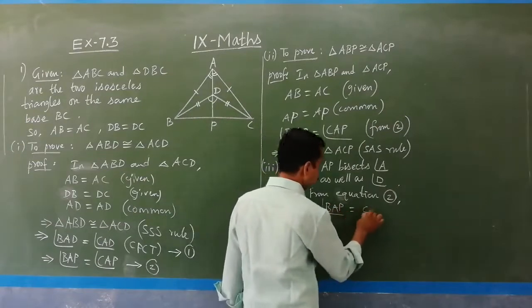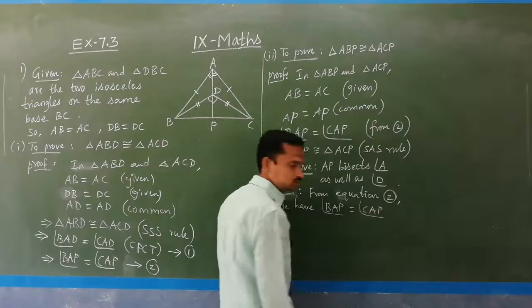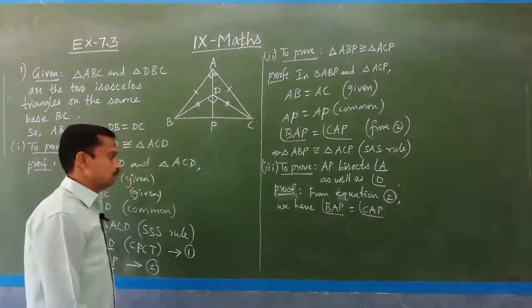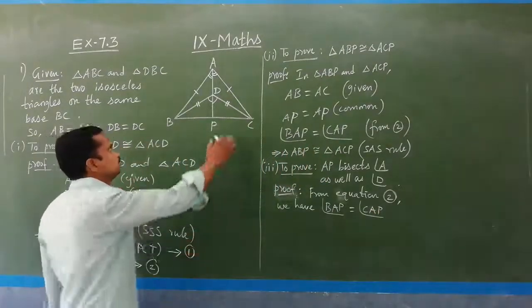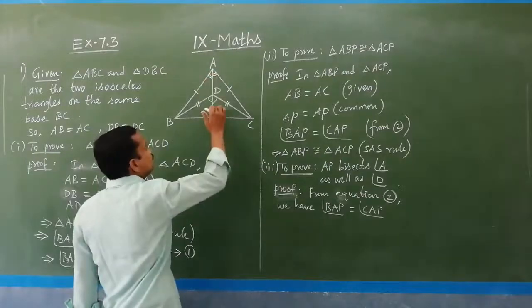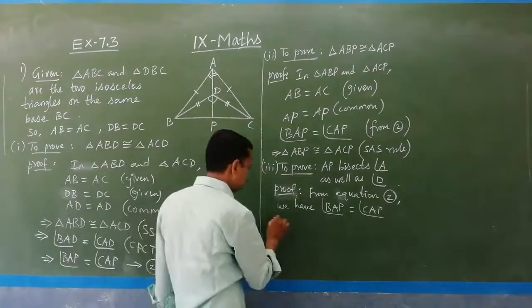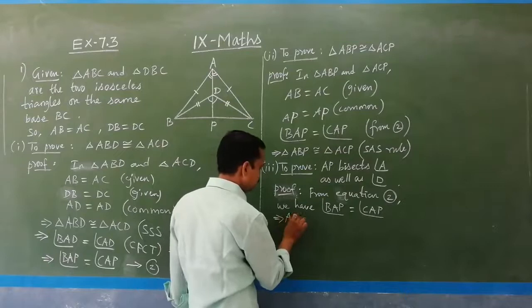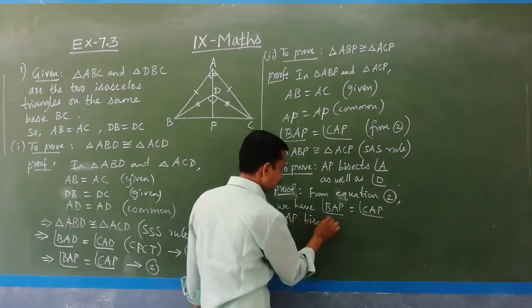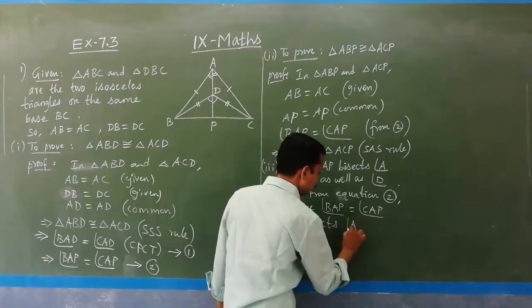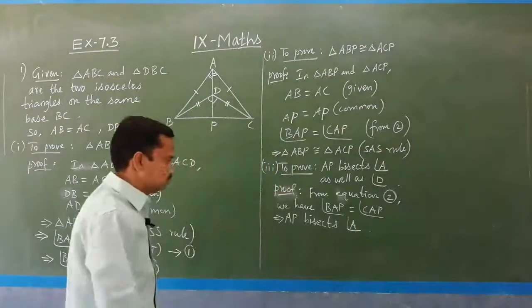These two angles are equal, isn't it? So, after saying these two angles are equal, this implies AP bisects angle A. Now, it is proved.